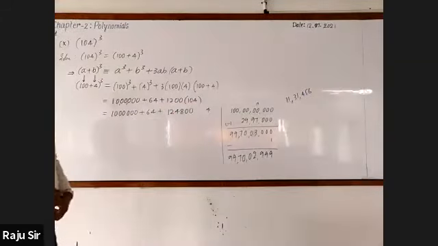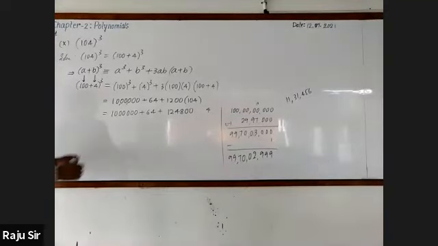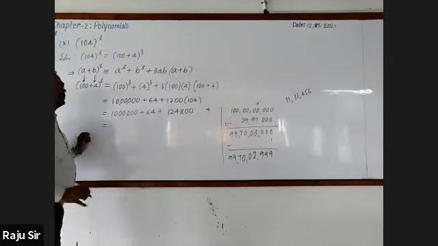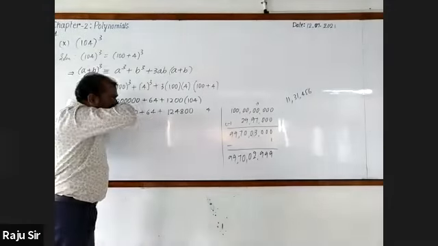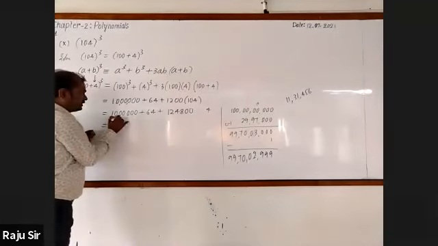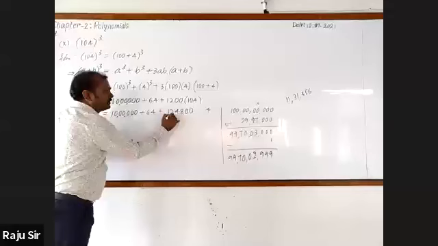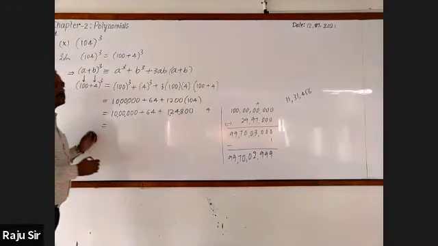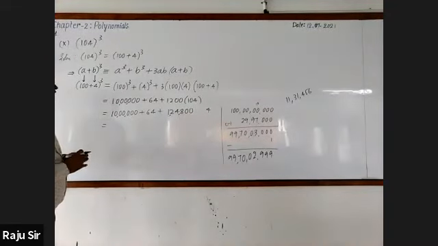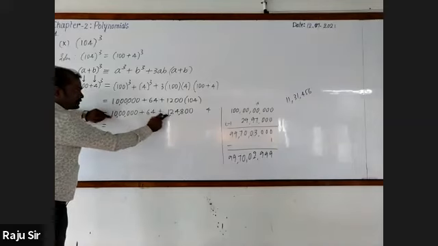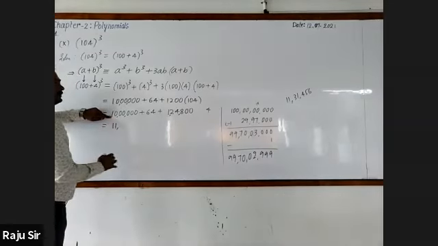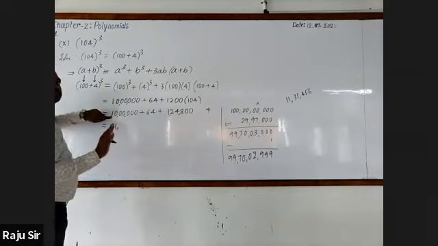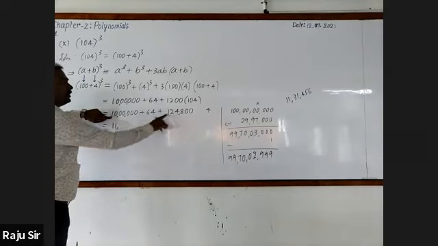Check whether you got same. Yes, sir. Same, sir. Okay. See that this is 10 lakh. This is 1,24,800. Here 10 lakh plus 1 lakh, 11 lakh 24,800. 11,24,864, sir. 64.